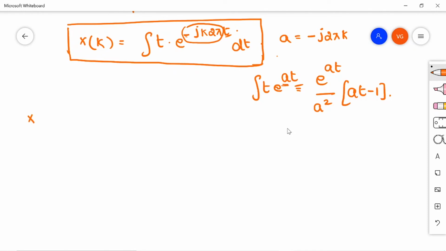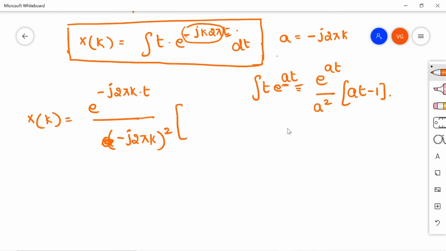Let us substitute it in the formula in place of a as minus j 2 pi k and simplify. So e power at is e power minus j 2 pi k t, divided by a square, a is again minus j 2 pi k, whole square, into (at minus 1), that is minus j 2 pi k t minus 1, right?